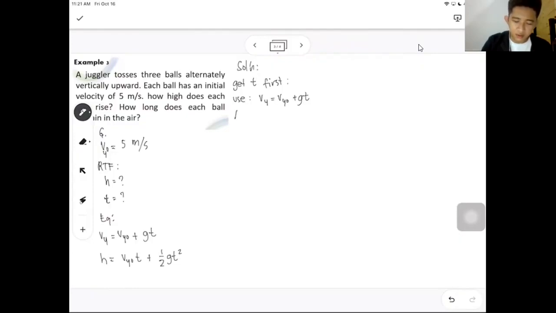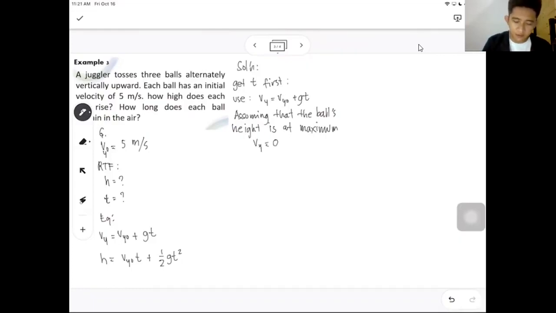So assuming that the ball's height is at maximum, therefore, the final velocity is equal to 0.